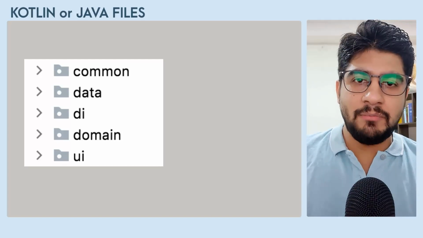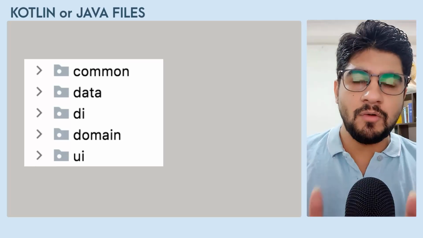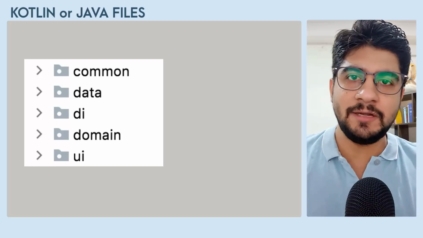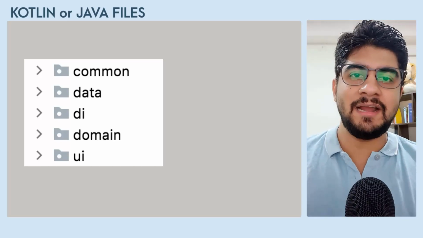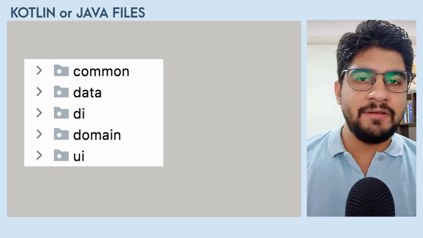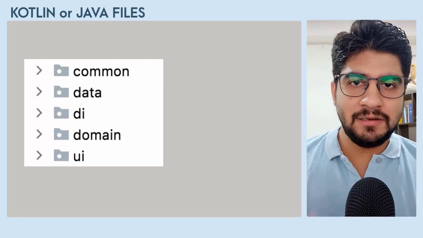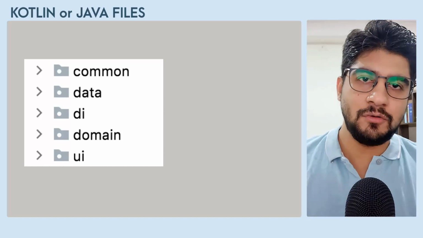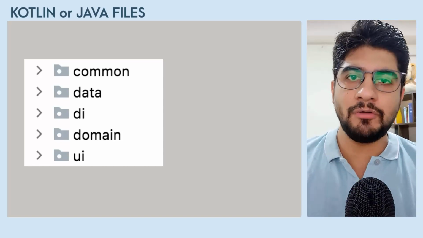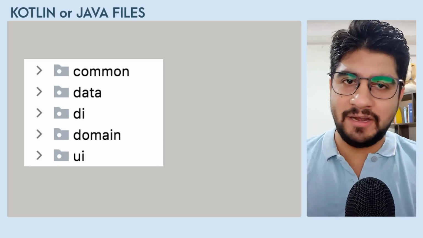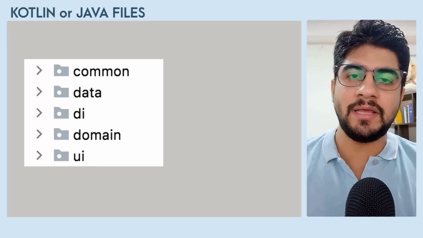Later in this video, I will be explaining in more detail what goes in the data layer, what goes in the domain layer, and what goes in the presentation layer, and how these layers interact with each other to form the complete clean architecture. Anyway, you can create more than 3 folders as well. It's not a bar. I generally create a dependency injection folder where I write modules and components which are dependent on each other. So I define dependencies which are later used in the application.